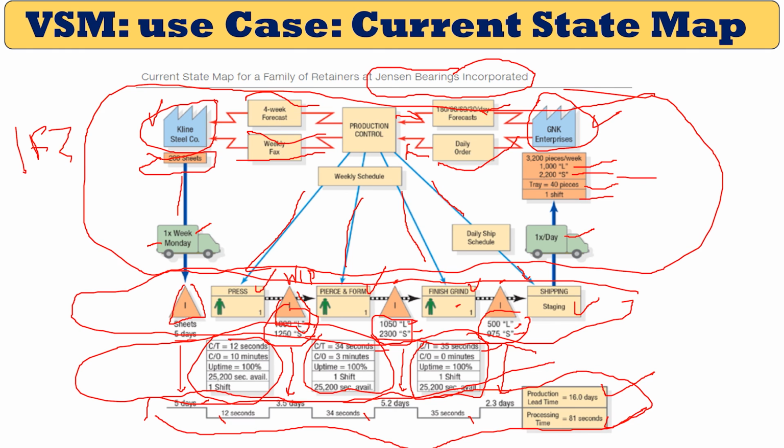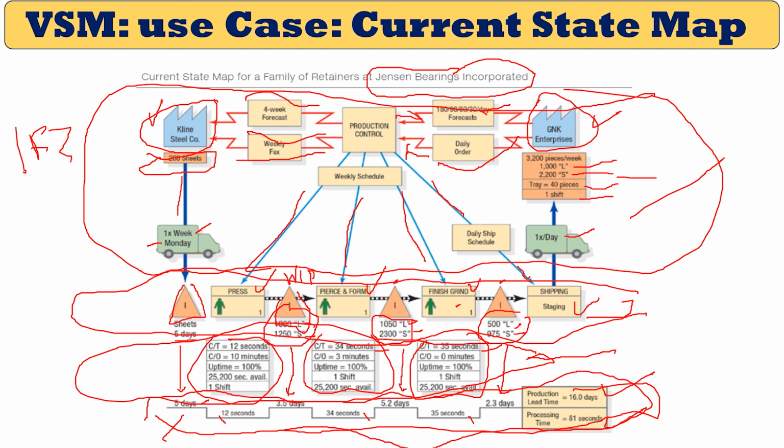And as I told you before, this part right here is what we call the time ladder. So the time ladder, the data box zone, the process zone, and the information flow zone. We did a video about the current state map zones, the 4 zones that we have here.